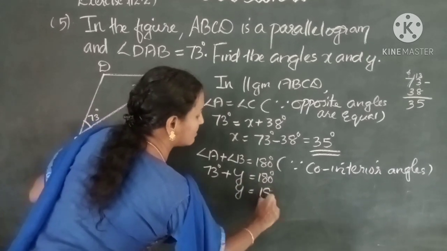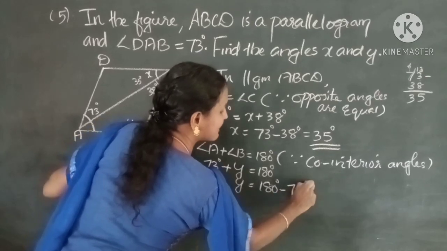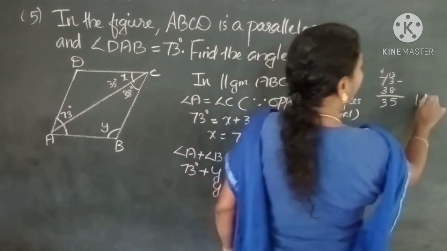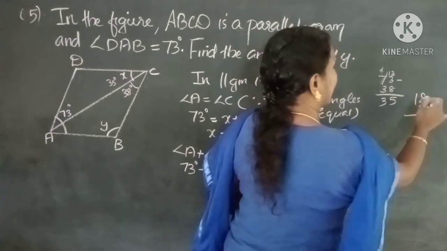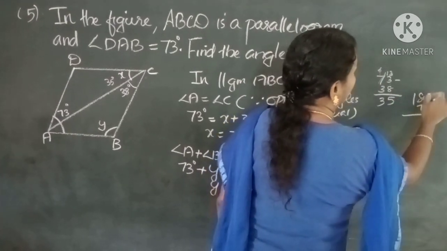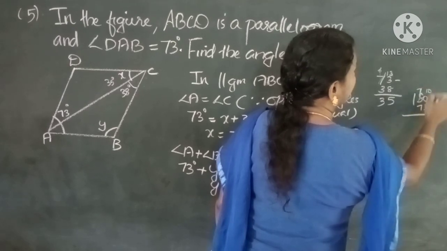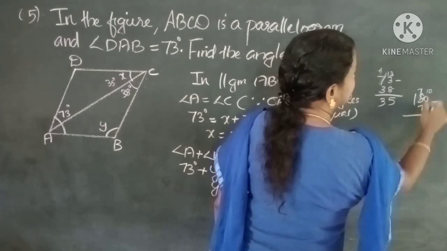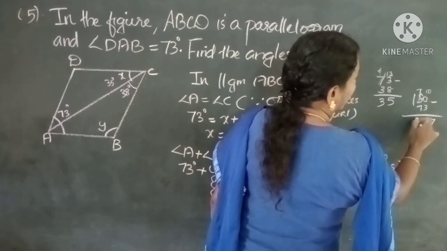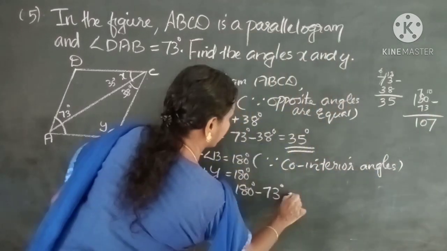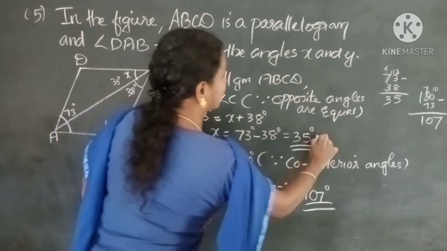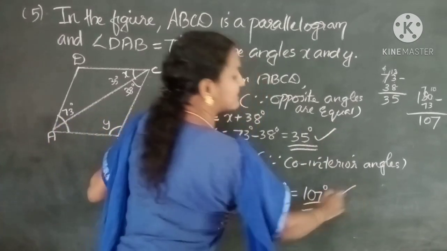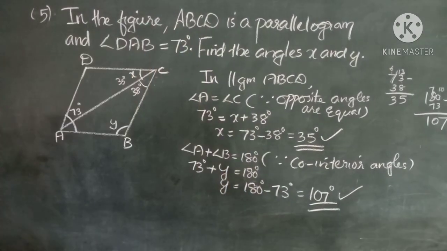So y is equal to 180 minus 73. 0 minus 3 is not possible, so we take 10, 10 minus 3 is 7. 7 minus 7 is 0. 1 is 1. So y is equal to 107 degrees. So x is equal to 35 and y is equal to 107.